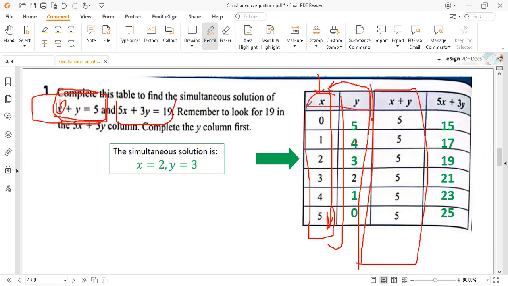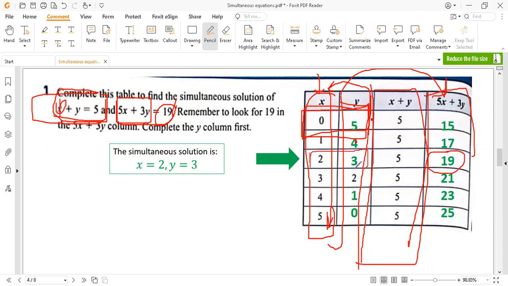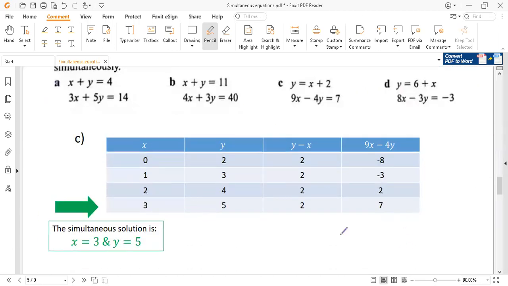Then using the matching between x and y, we calculate 5x plus 3y, and when we reach 19, we stop. So normally we will have 19 when x equal to 2 and y equal to 3. So the simultaneous solution is x equal to 2 and y equal to 3. And we can stop. And easily, this is the same idea for the others.